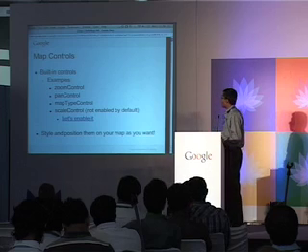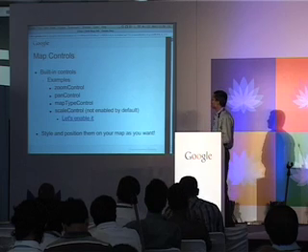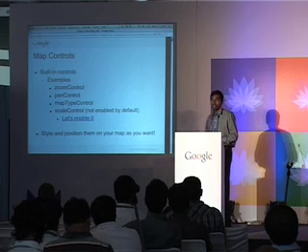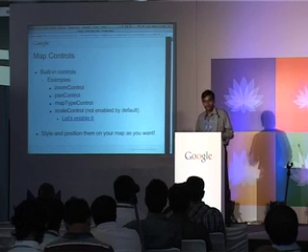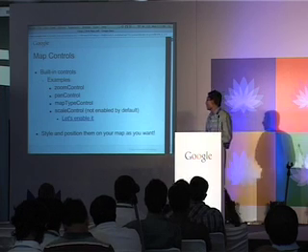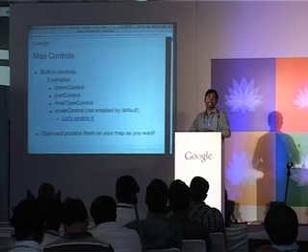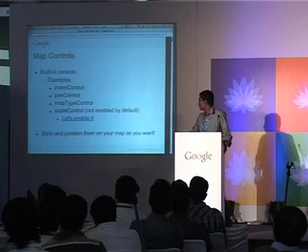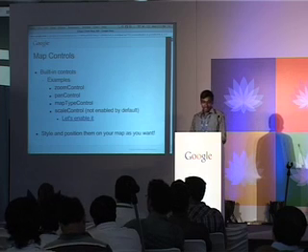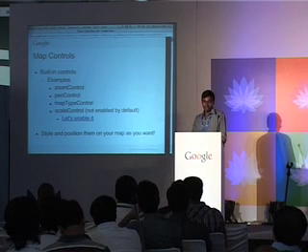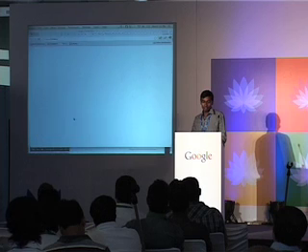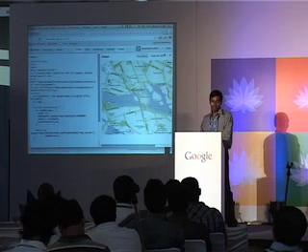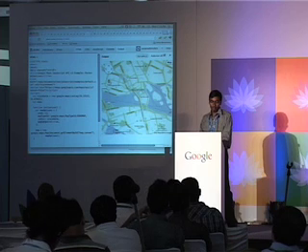So that brings us to the concept of map controls. Already we have a few built-in controls in the map which we have already seen, like the zoom control, which allows you to zoom the map. Then there is the pan control which allows you to go in different directions, east, west, north, south. Then there is the map type control which allows you to choose the road map or satellite type or hybrid type, whatever you want. There is a built-in control called scale control, which is not enabled by default, but we will try to enable it now. It's exactly one line in the map options.